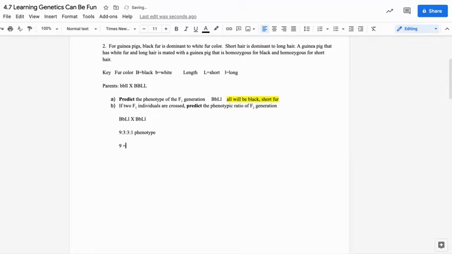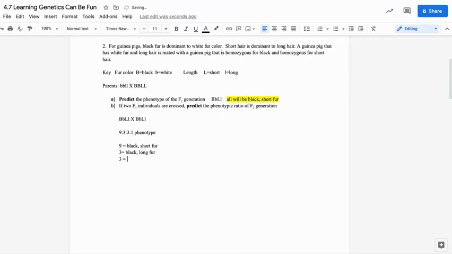So 9 out of 16 will be black fur and short hair, because those are the two dominant traits. 3 will have a dominant and then the recessive trait. So black short fur, black long fur would be the dominant recessive combination.